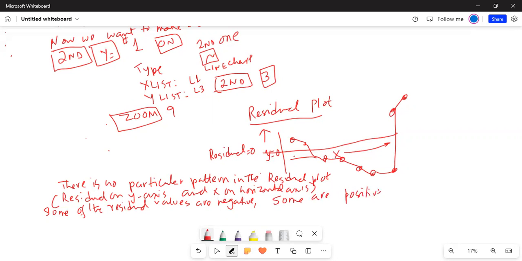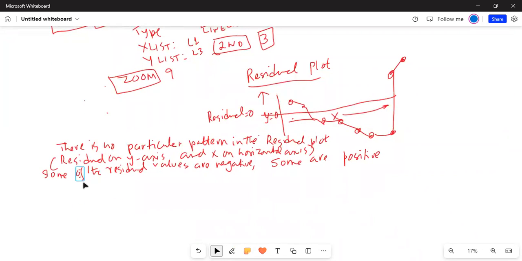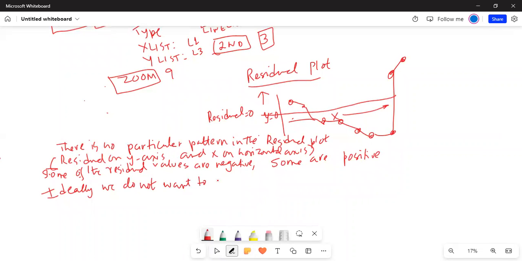Ideally, we do not want to see any particular pattern in the residual plot.